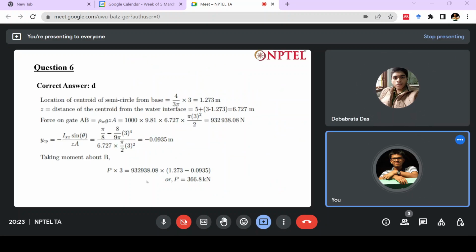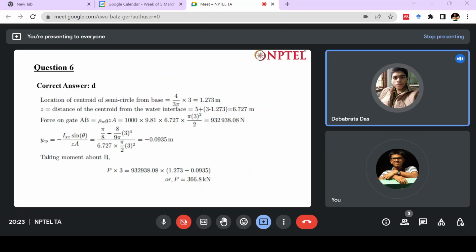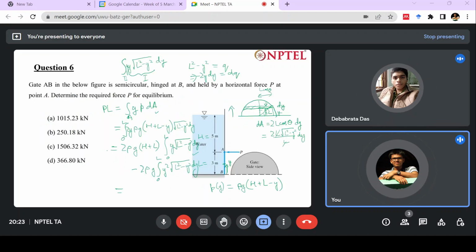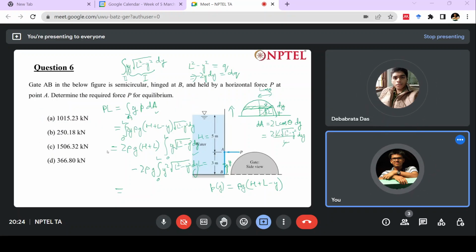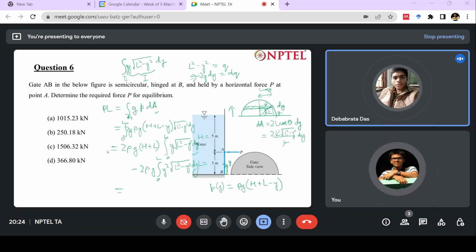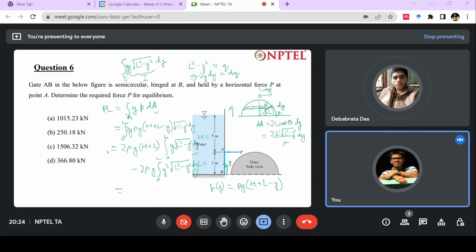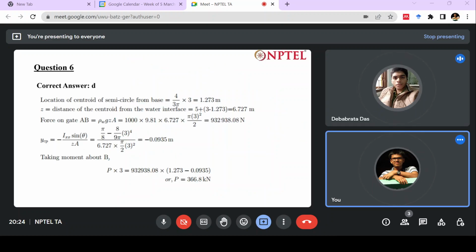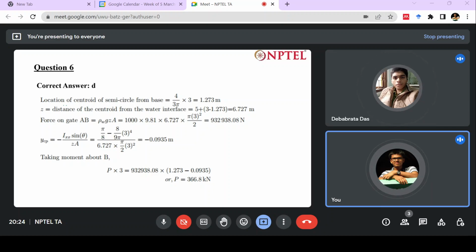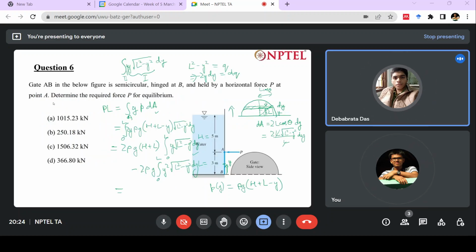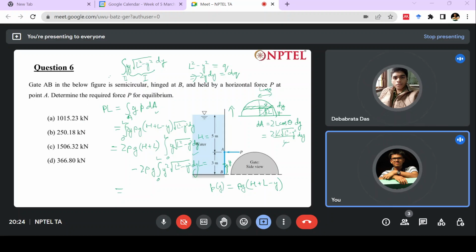One thing, if you are appearing for competitive exams like GATE and all, then seeing this problem, you will know what you have to memorize. You have to memorize this if you want to avoid doing this particular integral. This is not an impossible problem to solve.